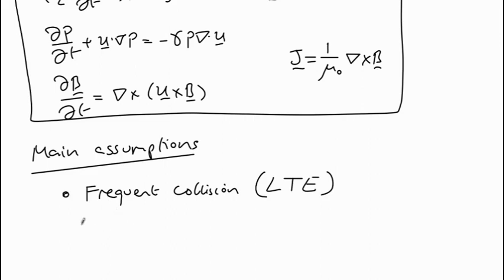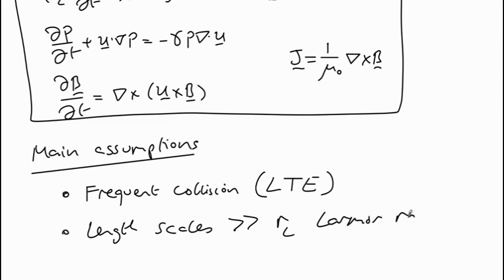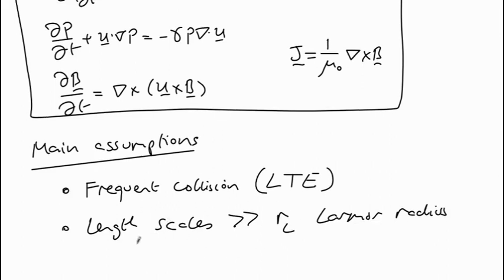This means you have short mean free paths, and so the length scales must be long compared to things like the Larmor radius. So length scales must be bigger than RL, the Larmor radius, because in the perpendicular direction to the magnetic field, this is the more relevant one than the collision length, for example, because the particles are constrained to go round and round in circles.